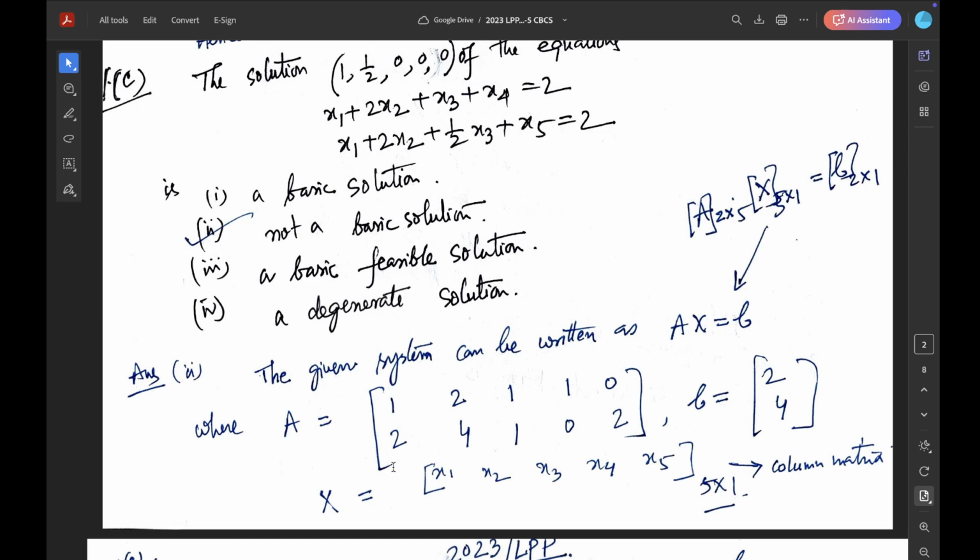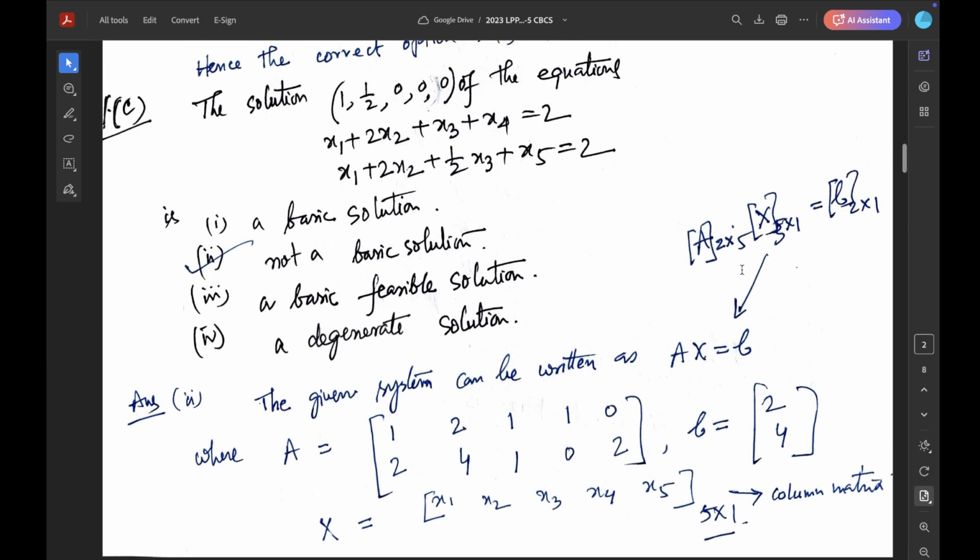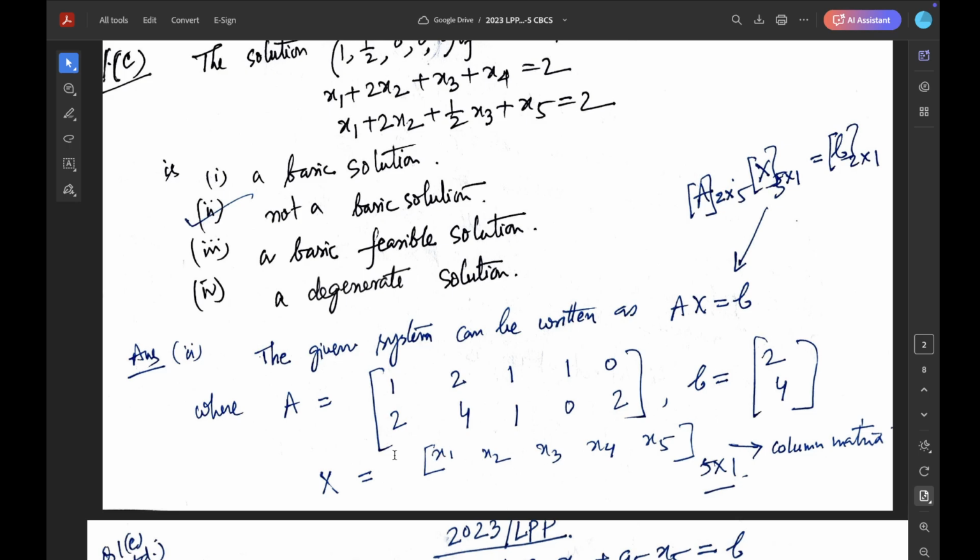So this is 2x1 plus 4x2 plus x3 plus 0x4, because x4 is absent here, plus 2x5 equal to 2 into 2, that is 4. So b is the column matrix (2, 4). So A is the 2 by 5 matrix and the corresponding X is the column matrix (x1, x2, x3, x4, x5), which is 5 by 1, and the corresponding column matrix b is 2 by 1.